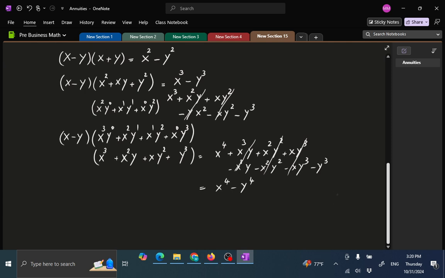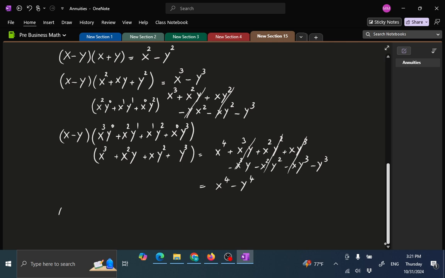Let's do one more of these things just for good measure. What do you think the next one is going to be? You may want to pause this and write it all by yourself, so you get the hang of how this goes. What does it start with? x^4. Then x loses a power, y gains it. x loses a power, y gains it. x loses a power, y gains it.